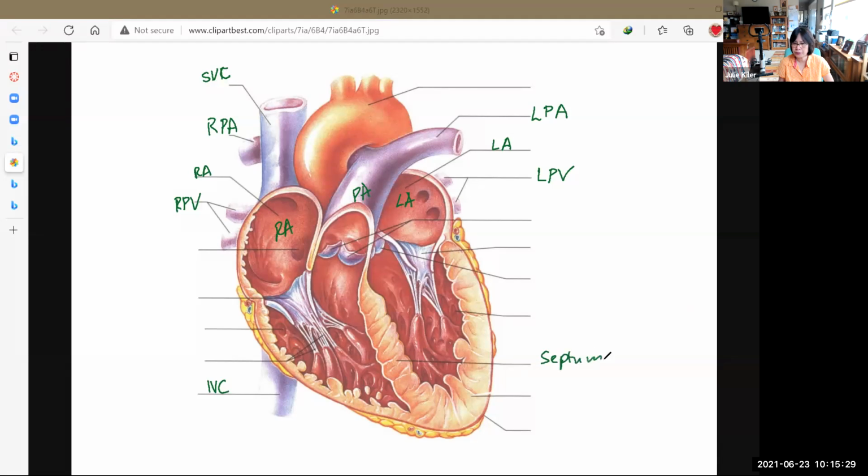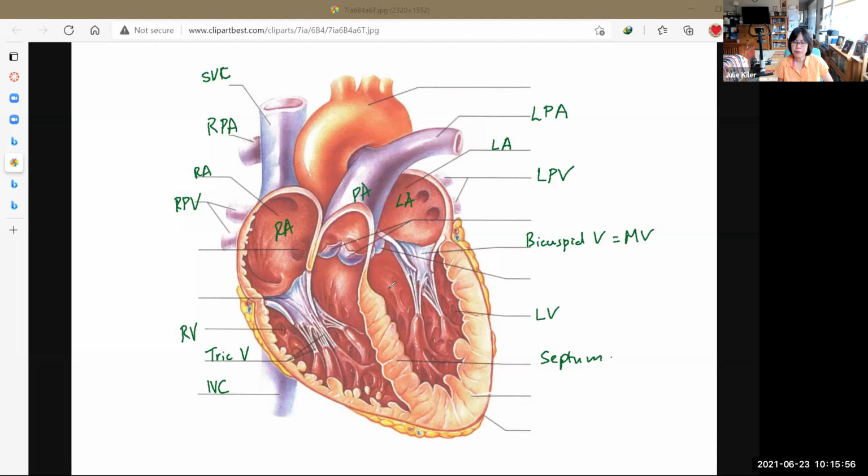This is the left ventricle. This is the right ventricle. This is the tricuspid valve, right? And this is the bicuspid valve, or mitral valve.